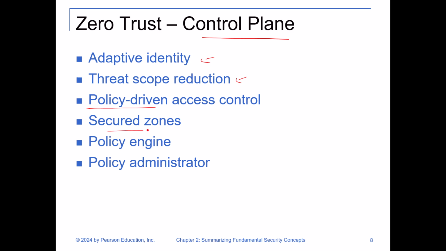They are more zone-focused. You can now have specific zones or scopes of access because of the way that you handle our initial entry. There's a policy engine and a policy administrator. They kind of help build our threat scope.